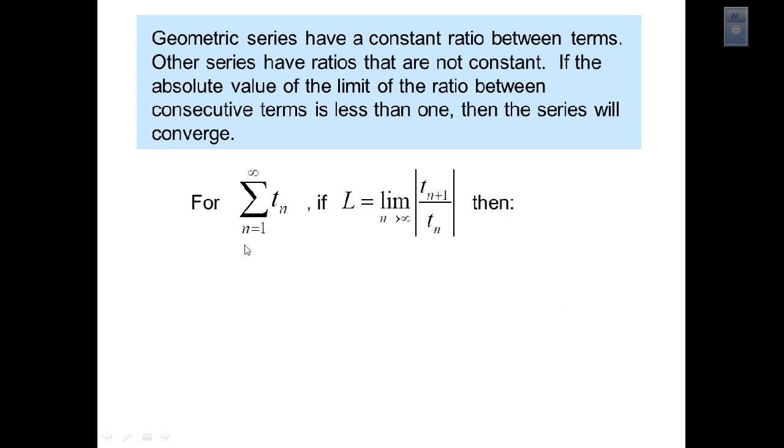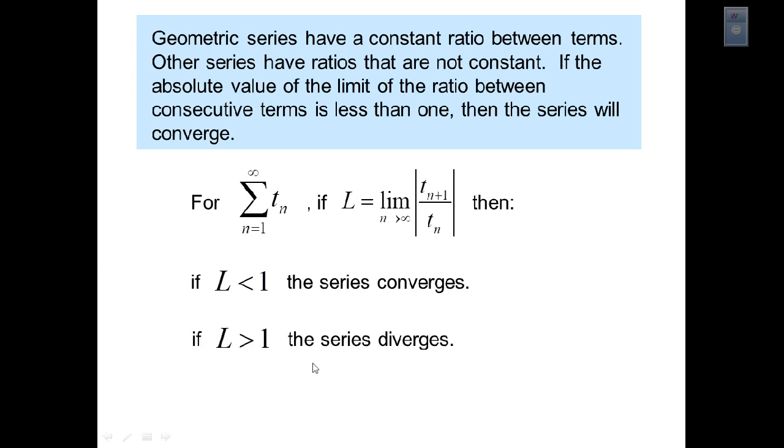So for the sigma notation n equals 1 to infinity of t sub n, if L is the limit as n approaches infinity of the absolute value, that's one thing I've forgotten, it's always absolute value, of t sub n plus 1 over t sub n, then if that limit L is less than 1, the series converges, and if L is greater than 1, the series diverges.